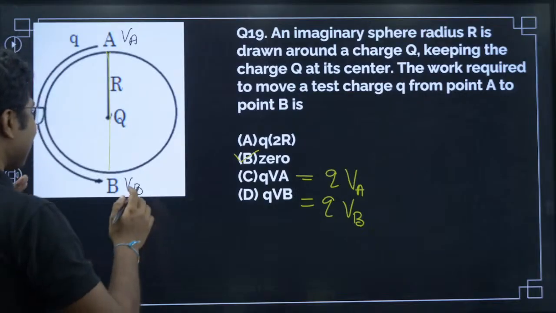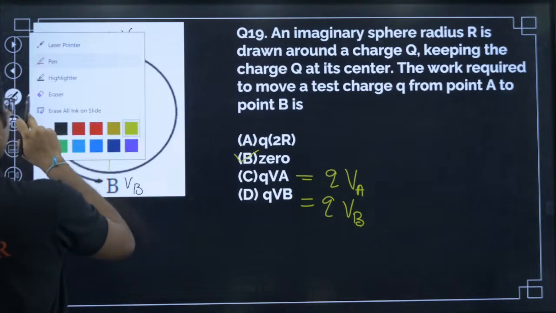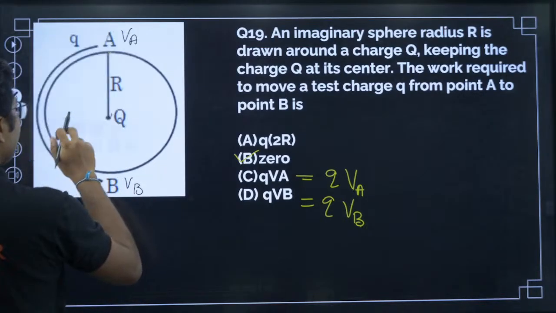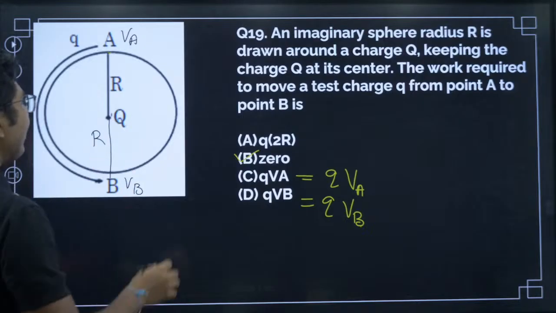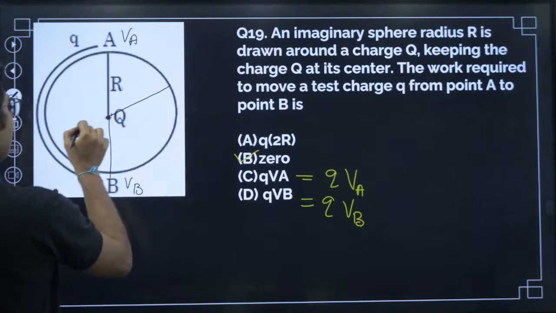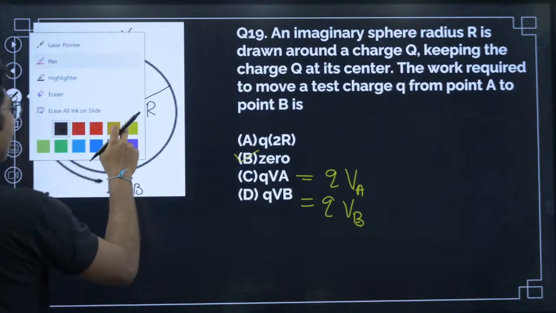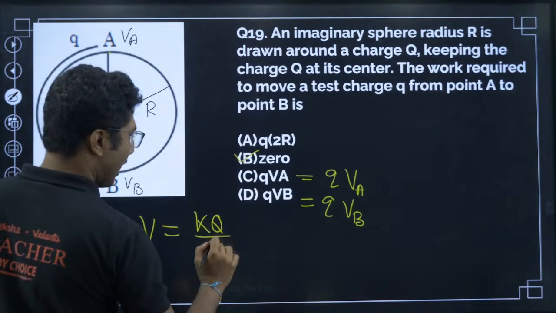So first let us understand what this is. There is a charge, and these two points are at equal distance. This is also at r distance, this is also at r distance. In fact, any point on the surface is at a distance r. And what is the formula for electric potential? The formula for electric potential is kq by r.